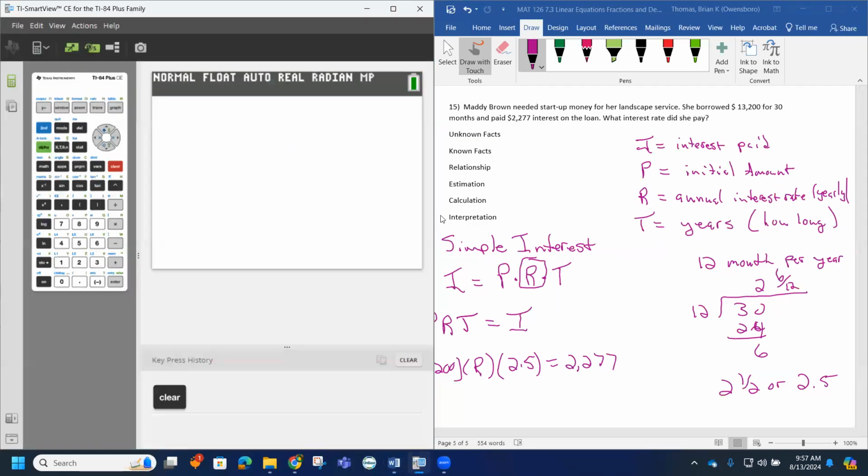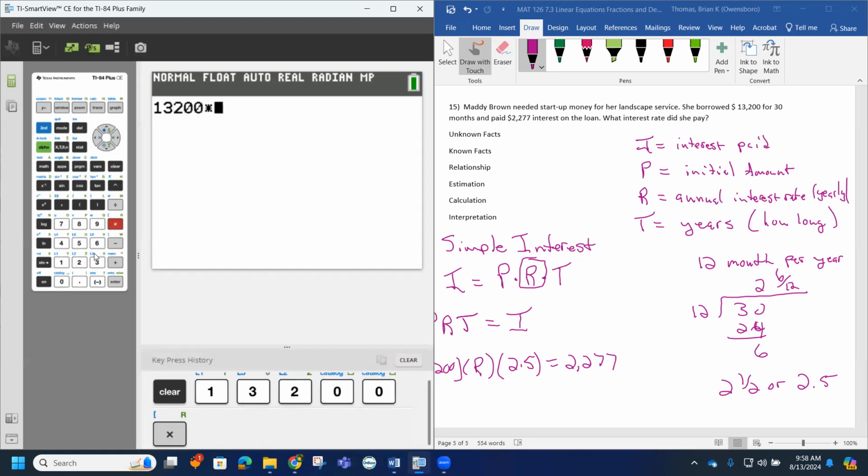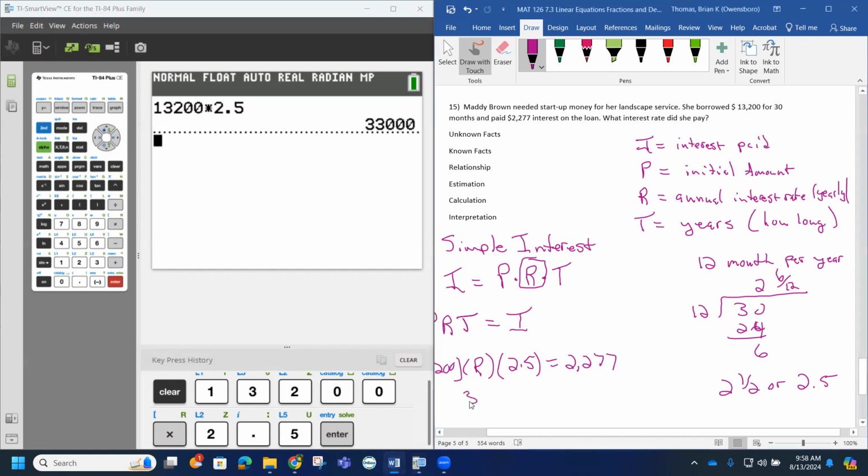So it was 13,200. If I multiply that by 2.5, that's going to give me 33,000. So I can put the R on the end there: 33,000 R is going to equal 2,277.